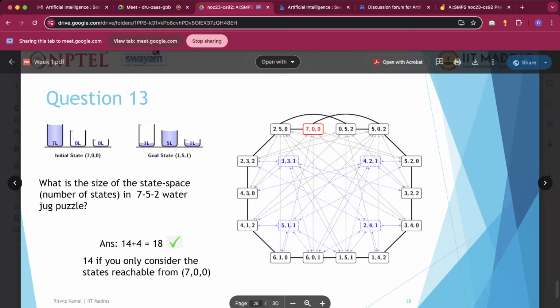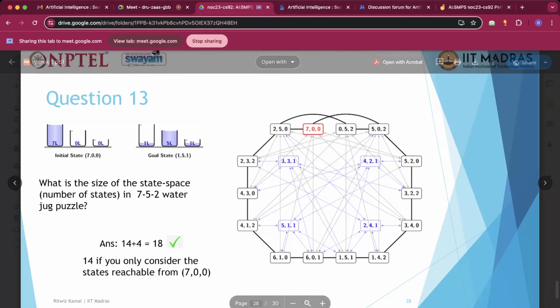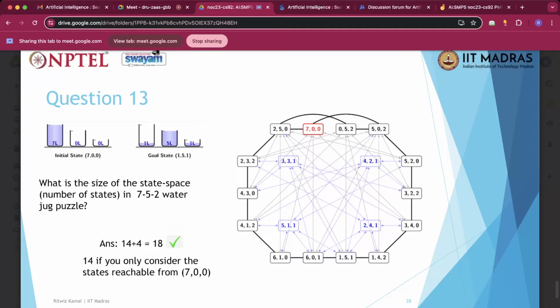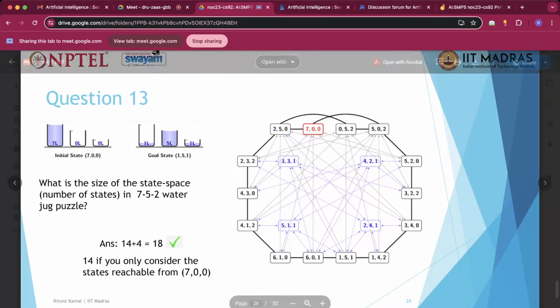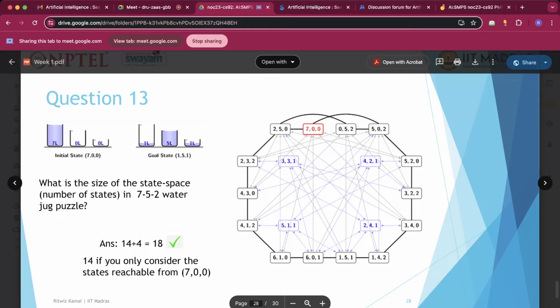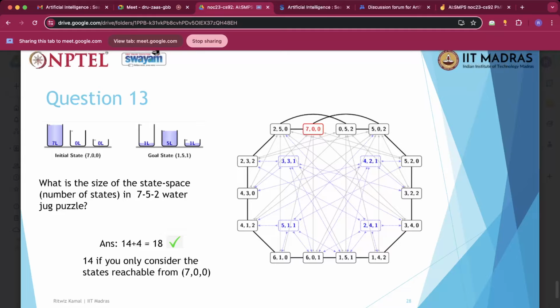Exactly. These four blue states are ones that cannot be reached from 700, but they could exist, in the sense that these are valid states from which you could go to another state, but you cannot reach these states from 700. So if you have 700 as the initial state, you cannot reach these states.